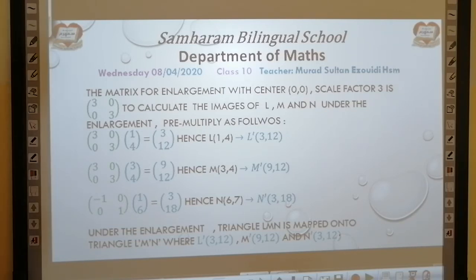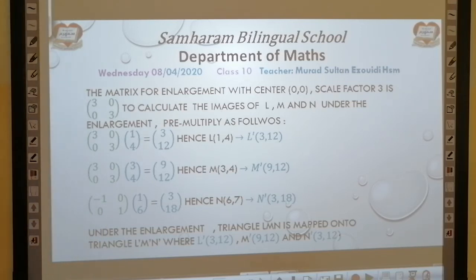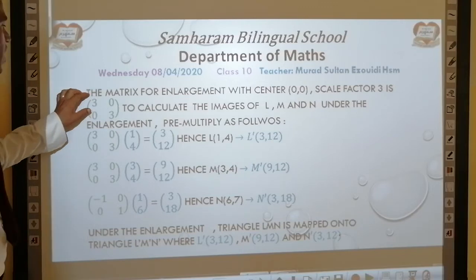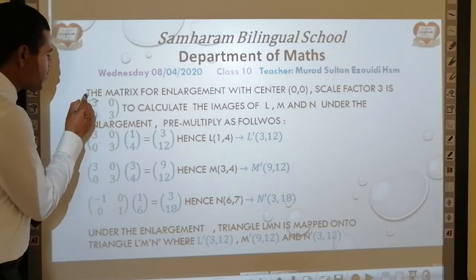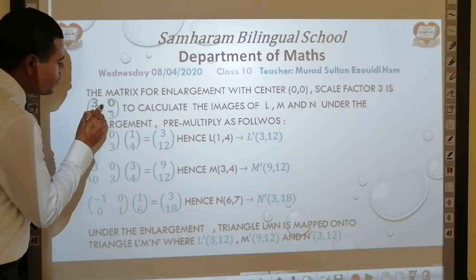For example here, the matrix for enlargement with the center 0, 0 and scale factor 3 is 3, 0, 0, 3. Good one.